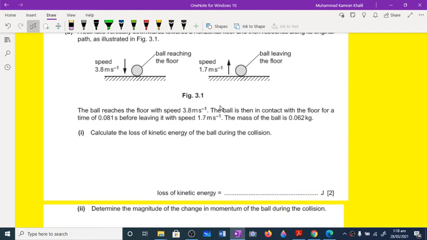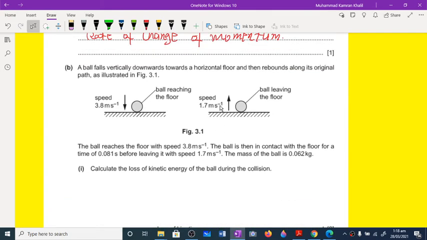Now, in this question, they have shown that the ball has a mass. Where is the mass? Here we go. The mass is 0.062 and he is saying to calculate the loss of the kinetic energy during the collision. Now you can see from the diagram that the speed is in downward direction while in this case the speed is in upward direction. So whenever the object moves in the opposite direction after collision, the relative velocity will always add up.